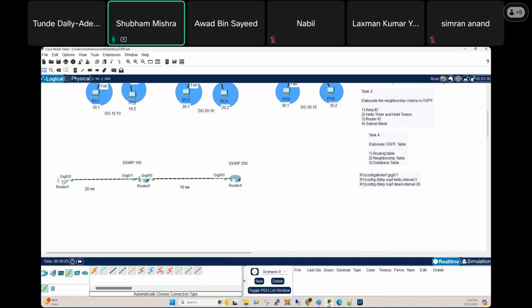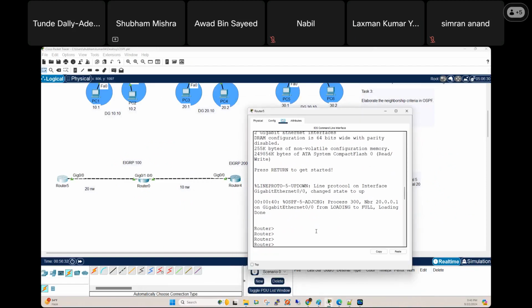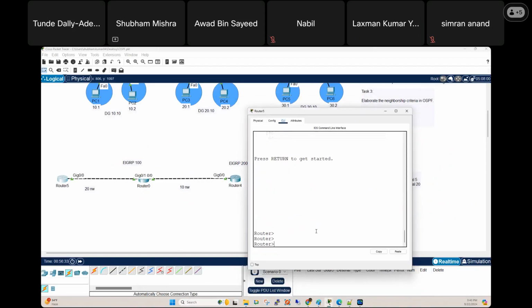For example, come here on R5. On this router, first of all, I am checking what is configured here.